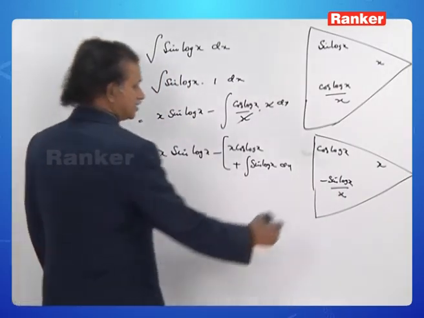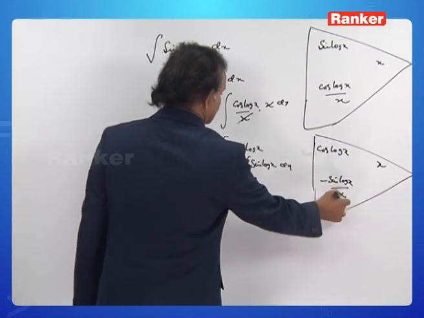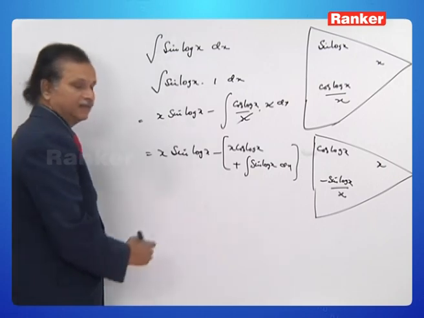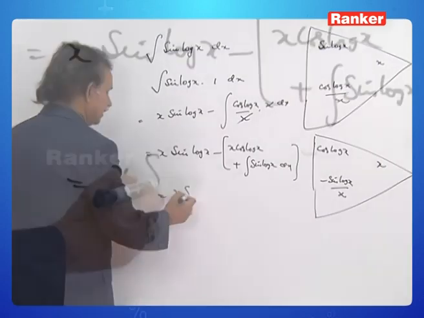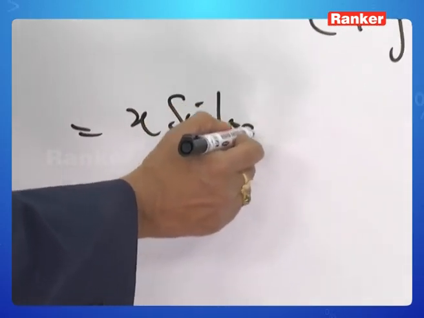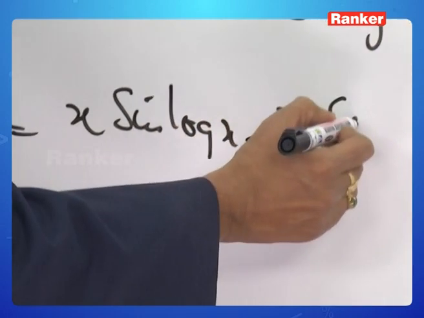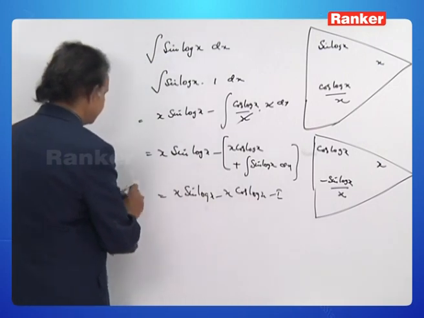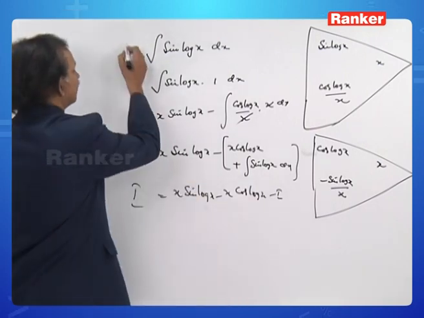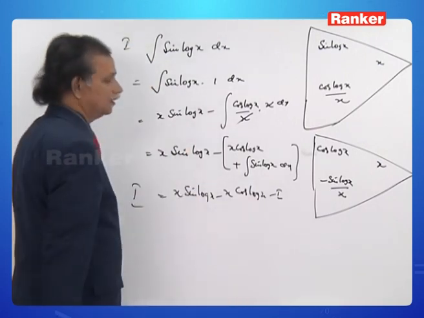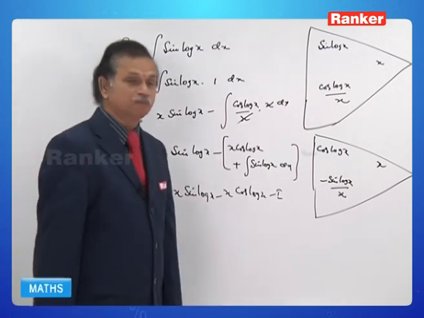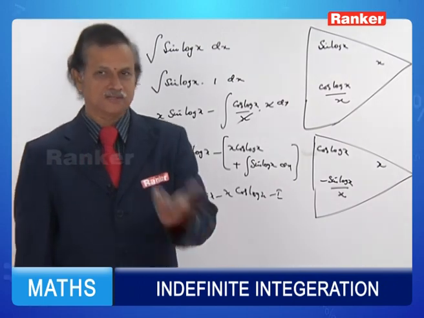That is what I mean to say, minus of minus sin log x by x into x, and x will be cancelled. What is going to happen? This is x sin log x minus x cos log x minus I, isn't it? Sin log x is I, the original given integral. Bring that I here so that you have I is equal to x by 2 into sin log x minus cos log x plus c.